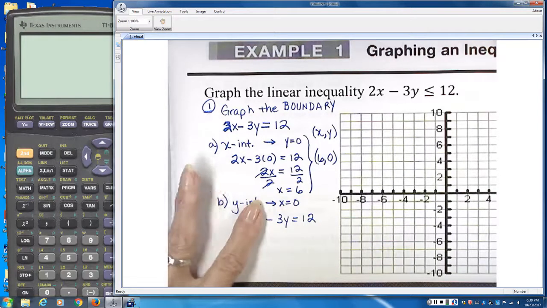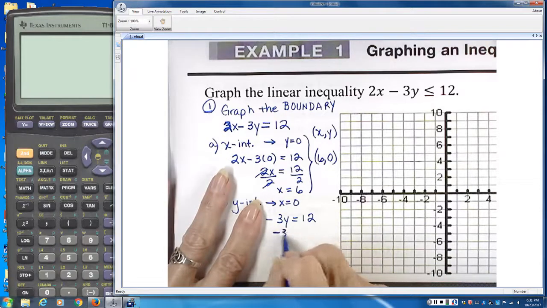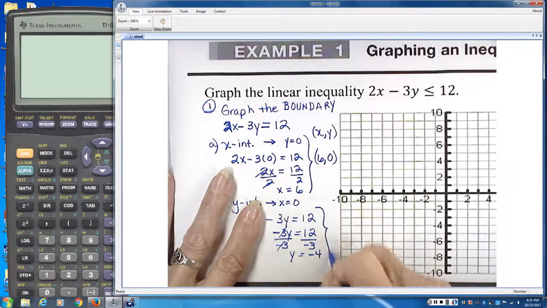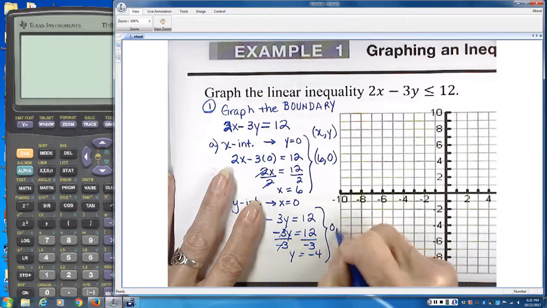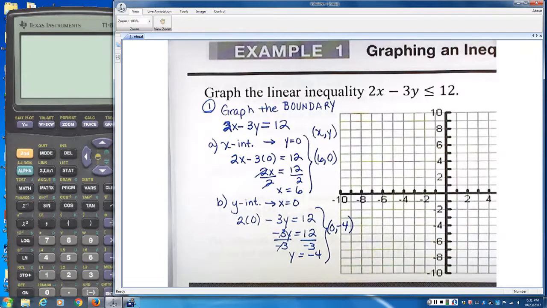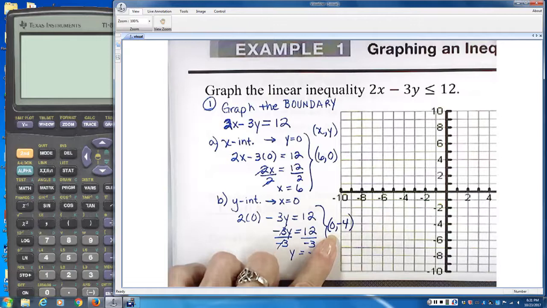And of course 2 times 0 just disappears because it becomes 0. So I have negative 3y equals 12, and then y equals negative 4. So that gives me the point 0, negative 4. And if I've got 2 points where the arithmetic is not hard and I'm not likely to make a mistake, then I'm pretty sure those 2 points are right and I don't need another point.